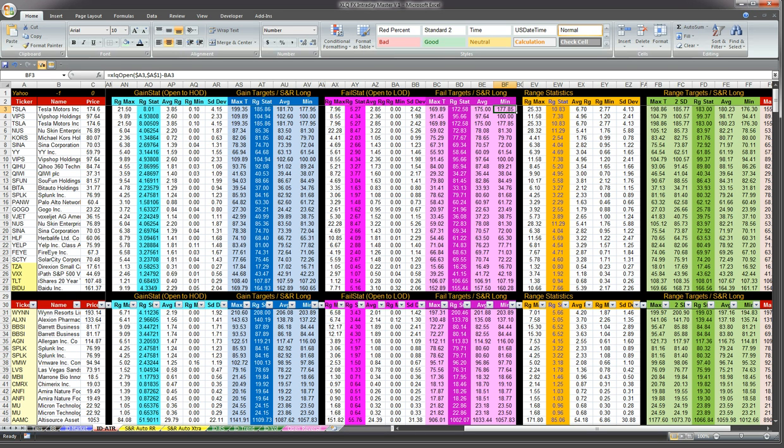Maybe I shouldn't short. So for example, say Tesla has fallen from the open, and it's fallen to 175.50, and now it's starting to hesitate, kind of wobble a little bit.